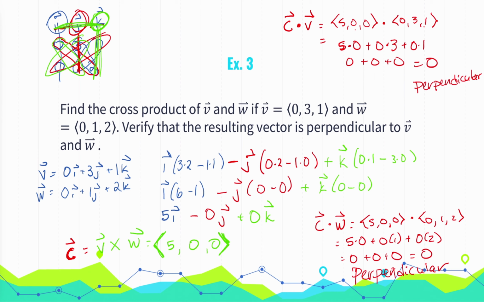Perpendicular. If I could spell, I'd be an English teacher. So, we found a vector that is perpendicular to V and W, and we proved that it's perpendicular by finding the dot product.